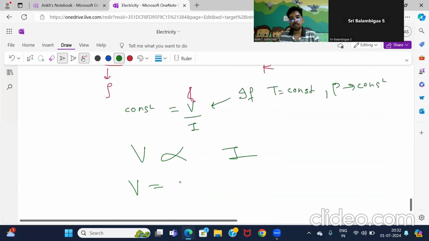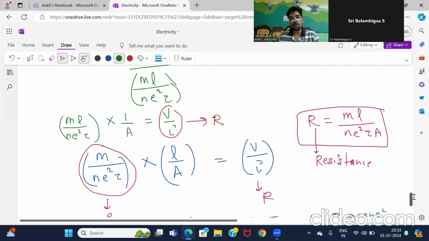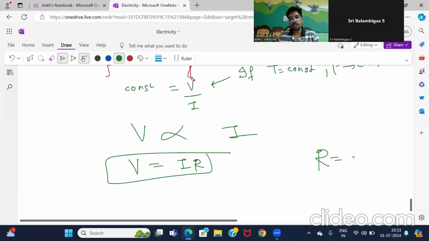When you remove this proportionality sign, a constant comes, that is resistance R. The value of this R is what? I have written here: m L by N e square tau A. This whole term, m L by N e square tau A. Clear?